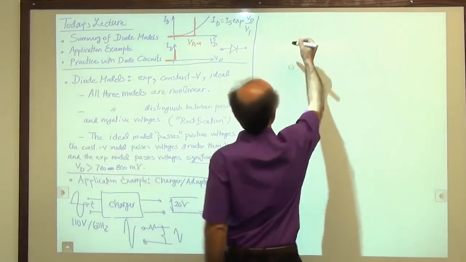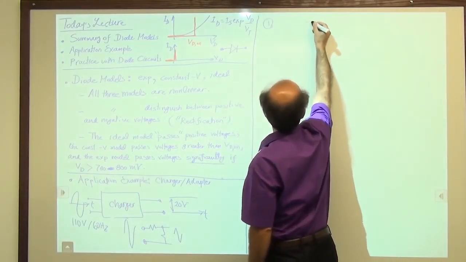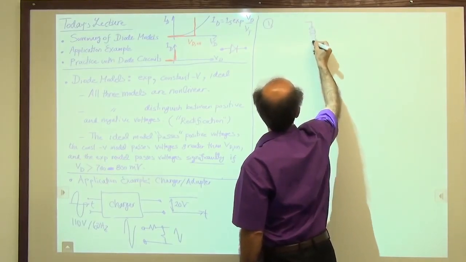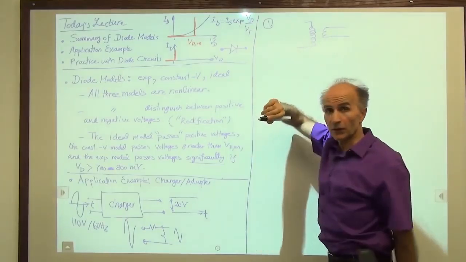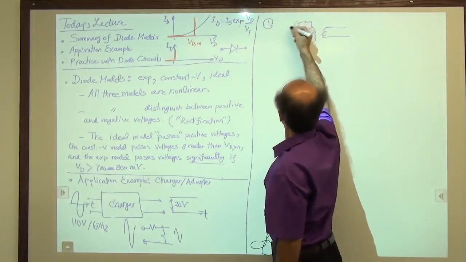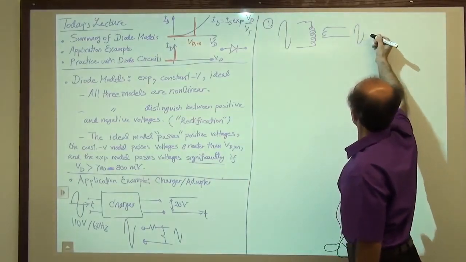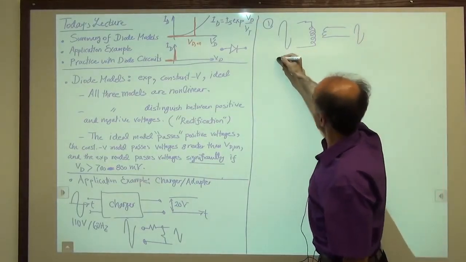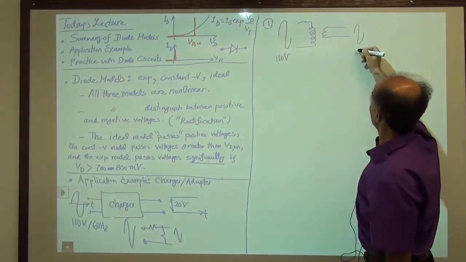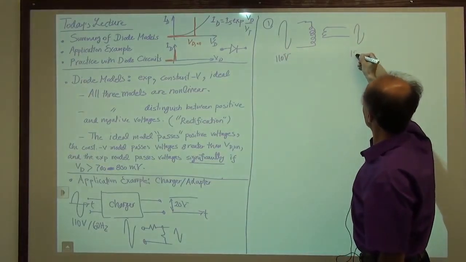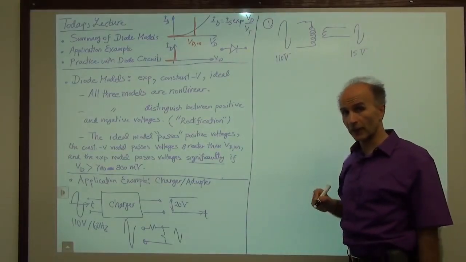So we take a transformer. In step number 1, we use a transformer to reduce the voltage. So we start from a large swing here, and then we produce something smaller here. So let's say if this is 110 volts, then this might be 15 volts or 20 volts or something in that range.